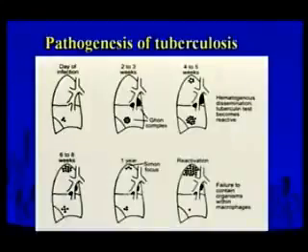No. As it turns out, as you go from the bottom to the top in the upright position, both ventilation and perfusion decrease, but perfusion decreases more than ventilation. So the ratio of ventilation to perfusion is highest at the top of the lung.